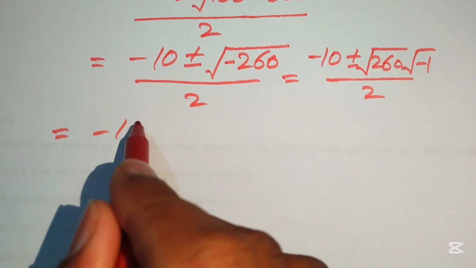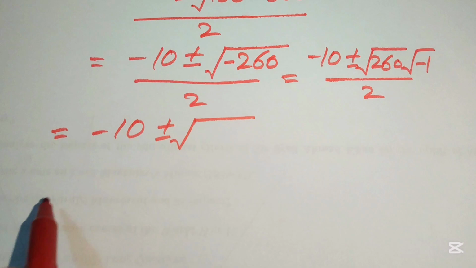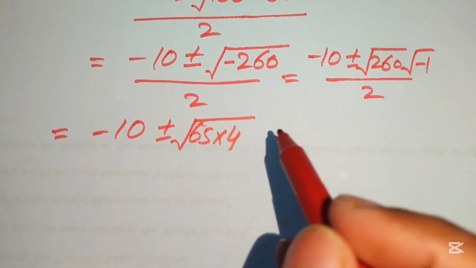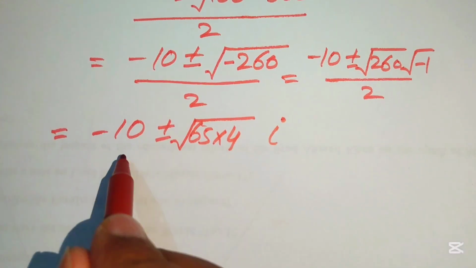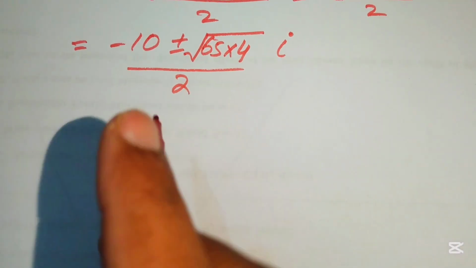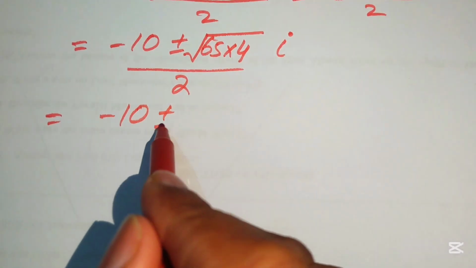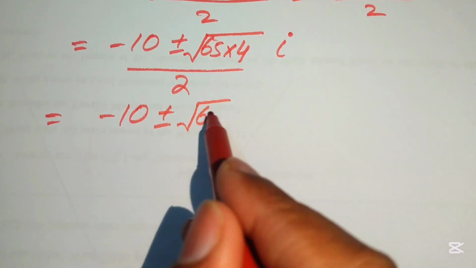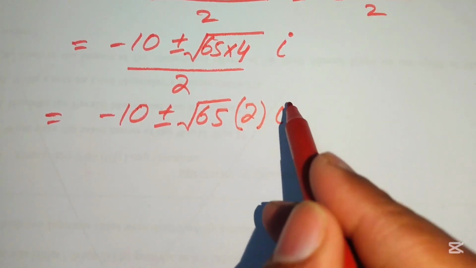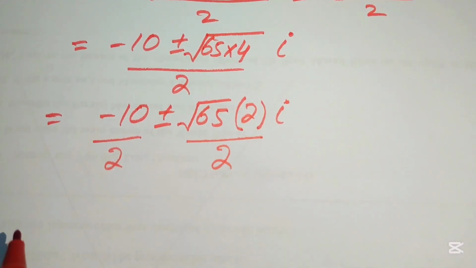Further we write this 260 as 65 times 4, and we know that square root of minus 1 equals iota, divided by 2. Further we break this square root on both of these terms, so it will be written as minus 10 plus minus square root of 65, and the square root of 4 becomes 2, into iota. Now we break this fraction and we write this 2 separately on both of these terms.